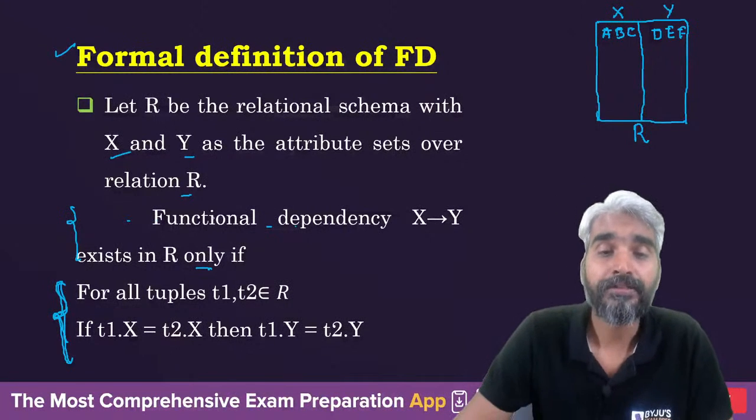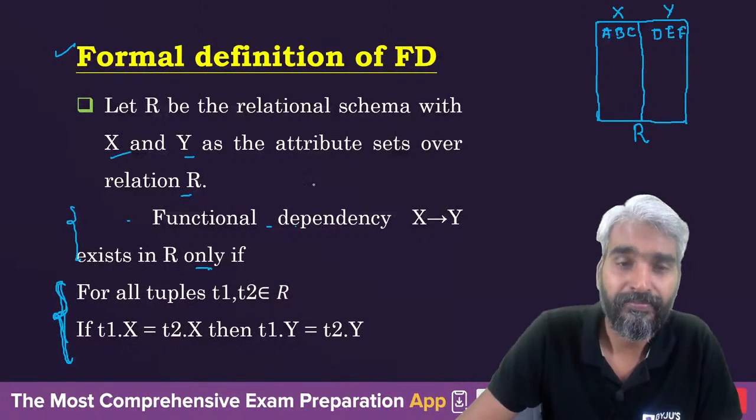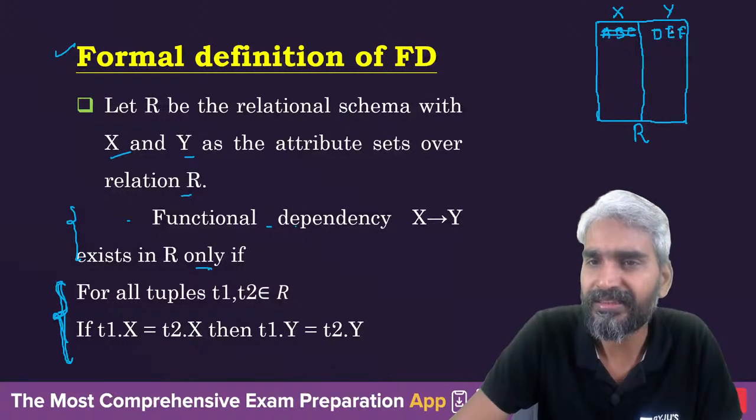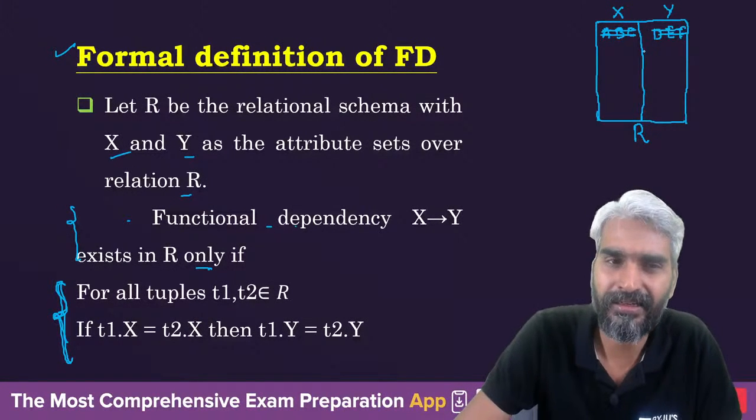It does not mean that whenever this condition is true, functional dependency X implies Y will exist. So what does it mean? Let's try to understand. Let's take a single value X and single value Y so that we can understand in an easier manner.